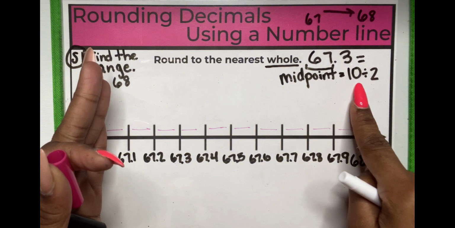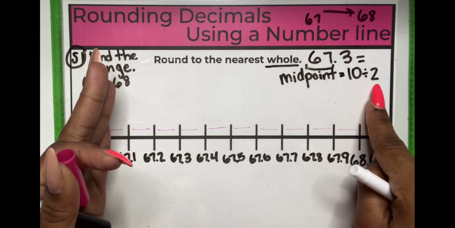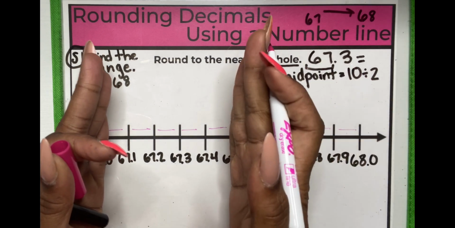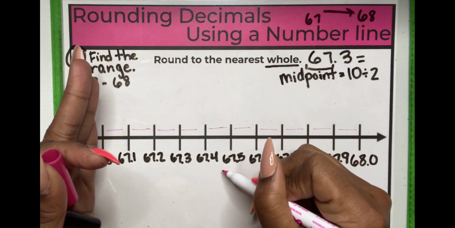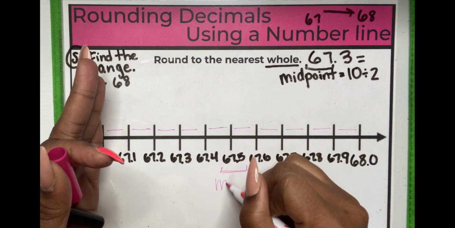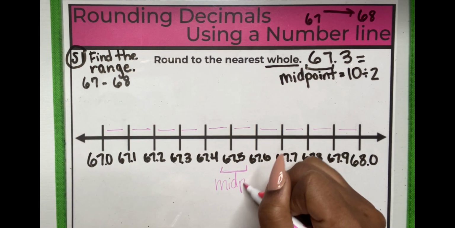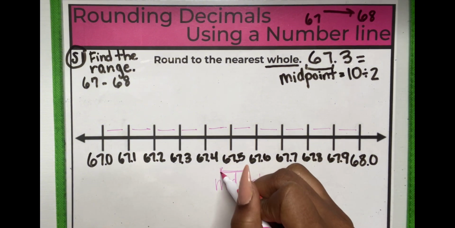So I have 10 pieces divided by 2. So half would be here, which means this is our what? Midpoint. Very good.